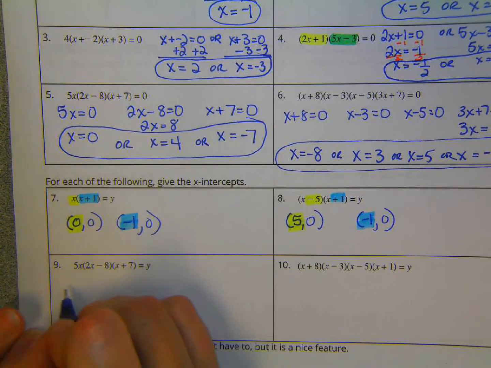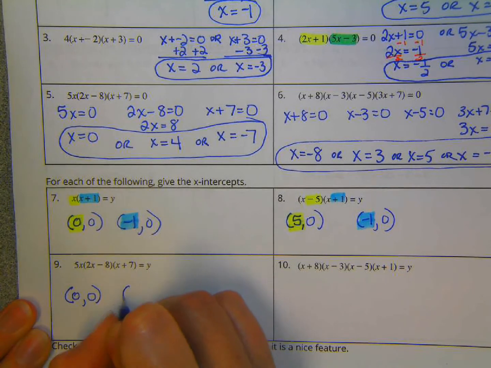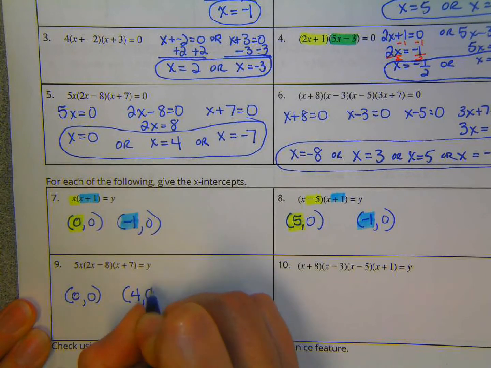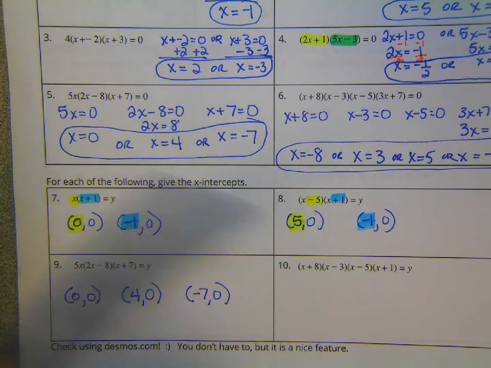Then we have this (0, 0), (4, 0), (negative 7, 0).